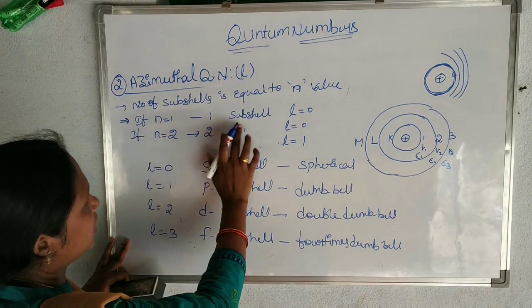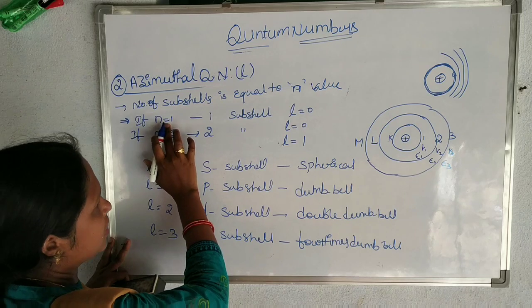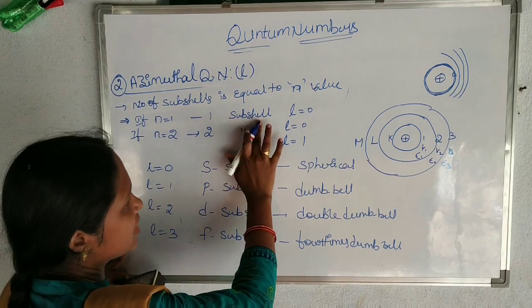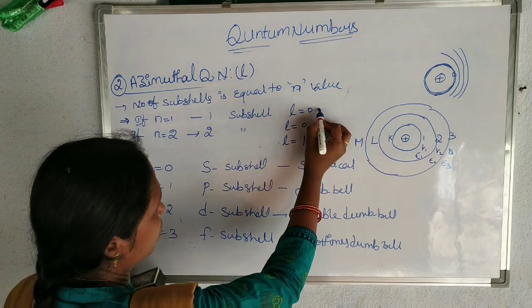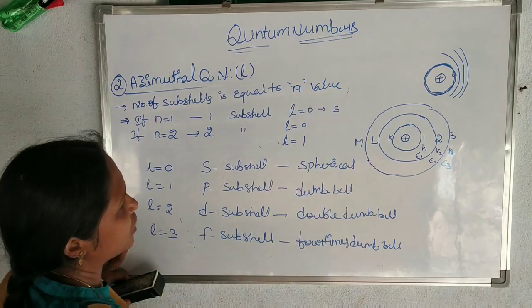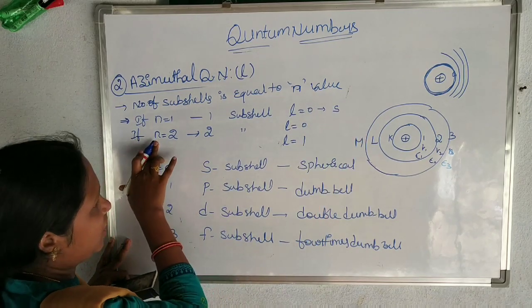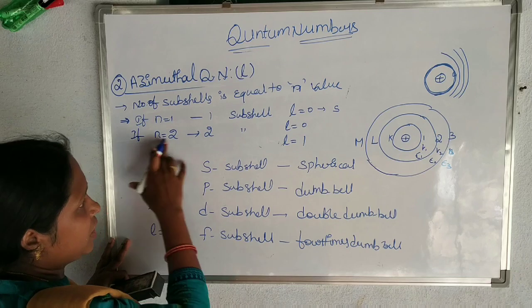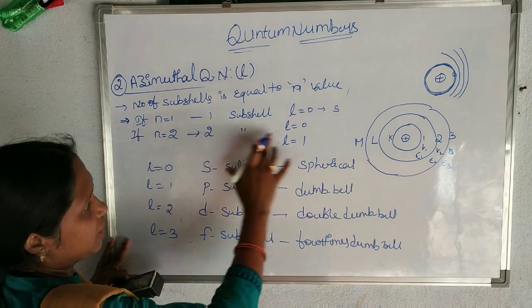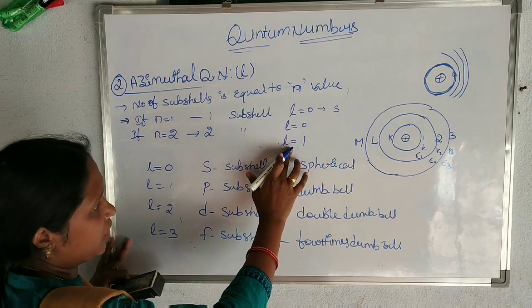That means in the first main energy level or shell, only one subshell is there, that is L equal to 0, meaning S subshell. In the second shell, that is the main energy level, it has 2 subshells, L equal to 0 and L equal to 1.